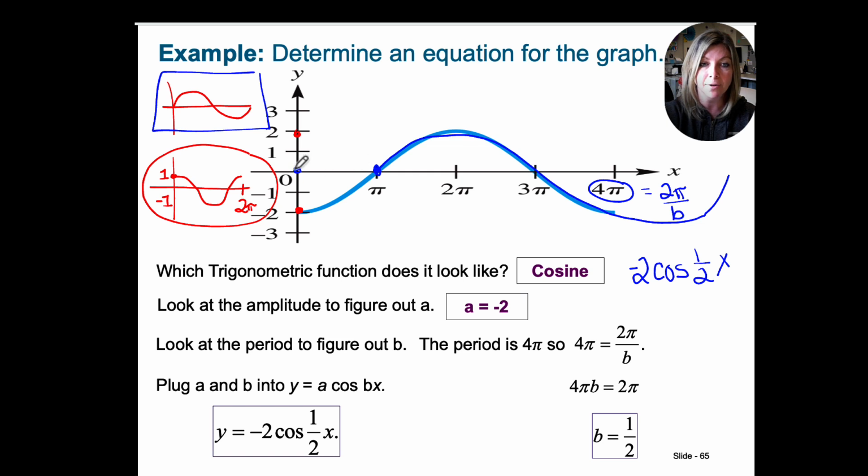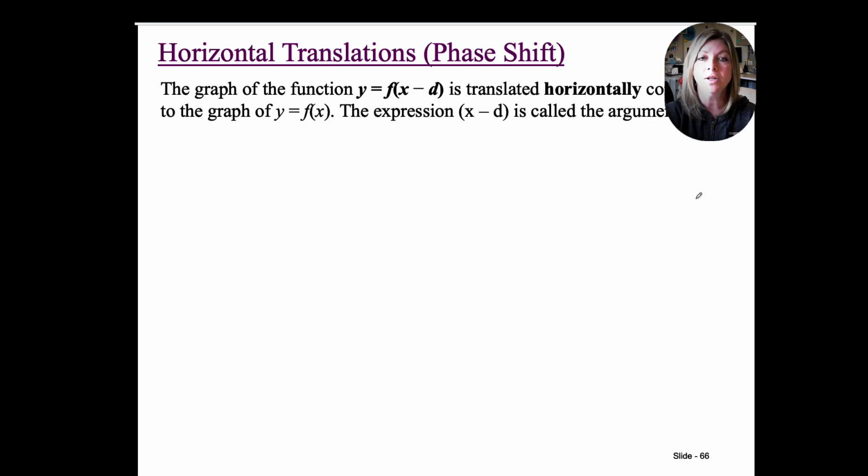So instead of the sine parent function, which passes through the origin, it's like it's been pushed this direction pi many radians, and it starts here. So let me elaborate. A horizontal translation is called a phase shift. That's where the graph of the function y equals f of x minus d is translated horizontally compared to its parent function.